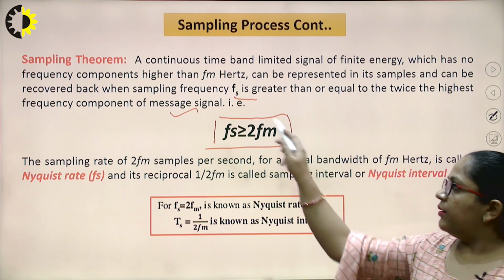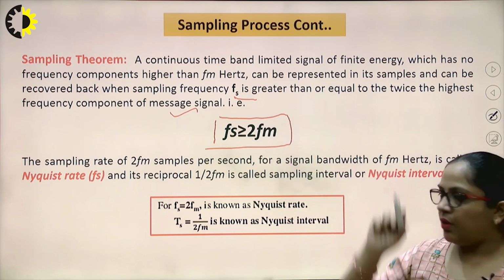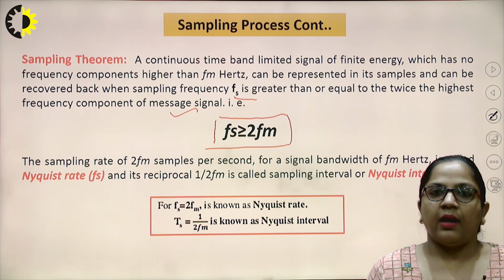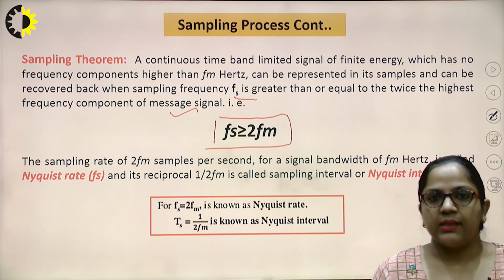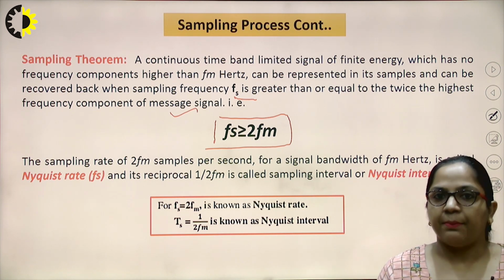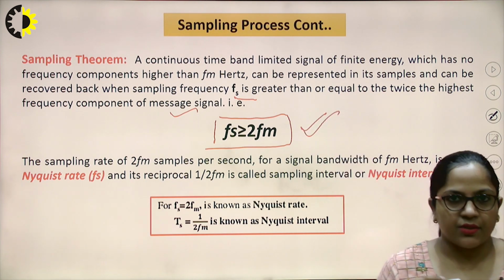So, when this condition is fulfilled, then we will be able to recover our original information back from the sampled signal. To reconstruct the signal back from its samples, this condition must be satisfied.